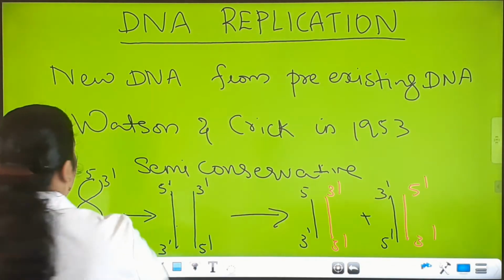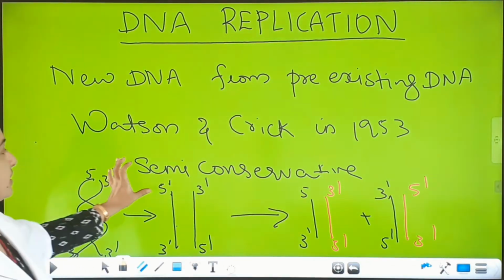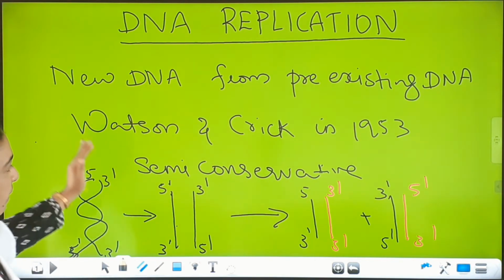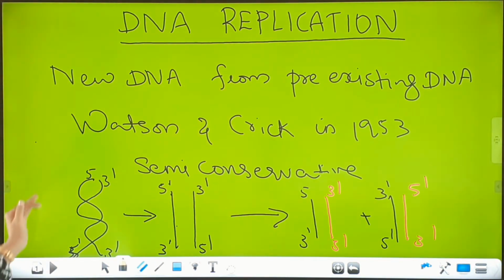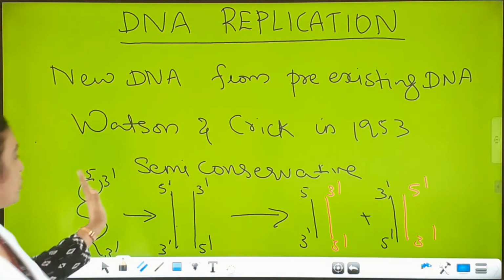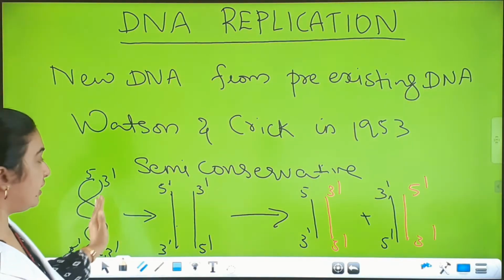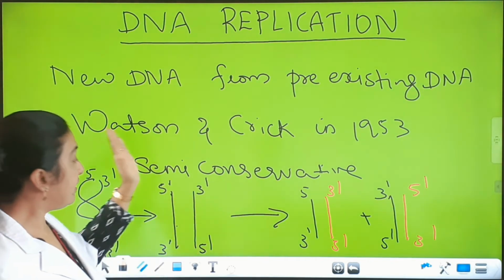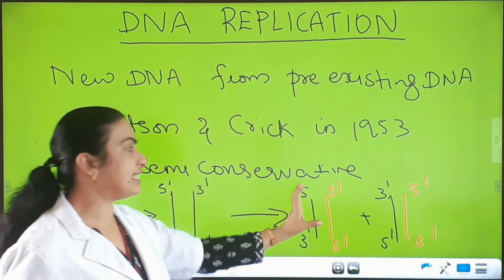Is it clear? So according to the semi-conservative manner of replication proposed by Watson and Crick, the two strands of DNA can separate and each strand acts as a template strand.